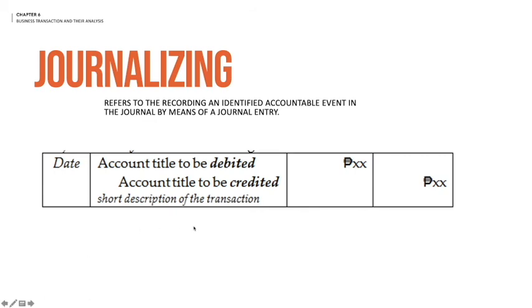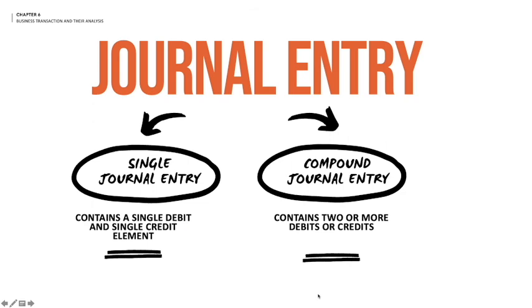Then credit, since it's a service, credit service revenue, 100,000. What do you see there? You can see that there's a compound entry. We debited two accounts, right? Meaning, a compound journal entry contains two or more debits or credits.